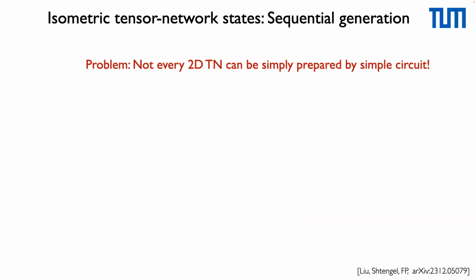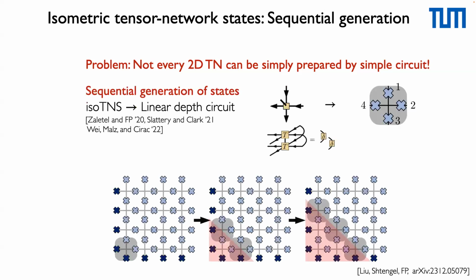So now not every 2D tensor network state that's easy to write down can actually be simply prepared by a quantum circuit. But if we take a subclass of these two-dimensional tensor networks, so-called isometric tensor networks, which means that the tensors that make up our state fulfill an isometry condition, meaning that if I take the tensors and contract them in a certain way, this gives us an identity.